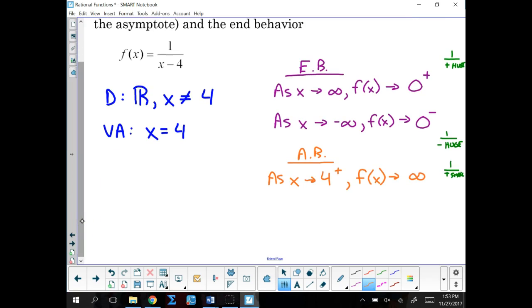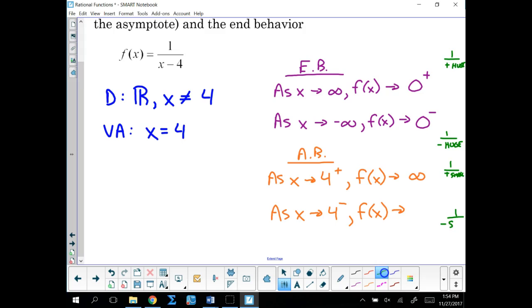As x approaches 4 from the left, f of x is going to go, now it's going to be 1 divided by a negative small number. So that's going to go to negative infinity. Okay?